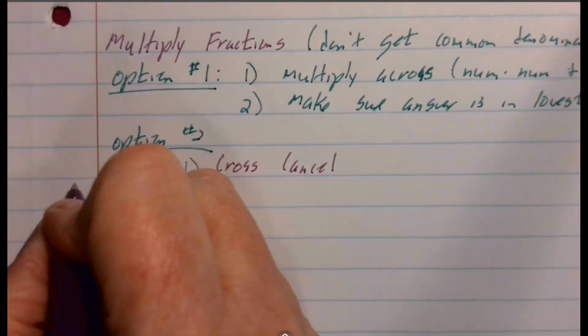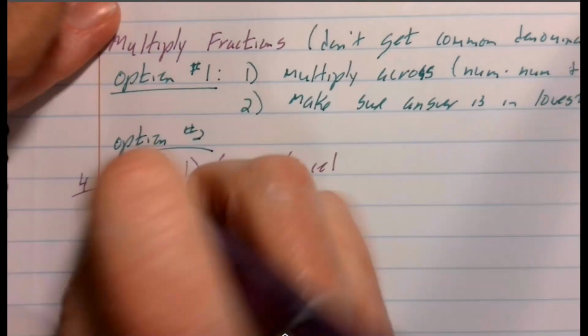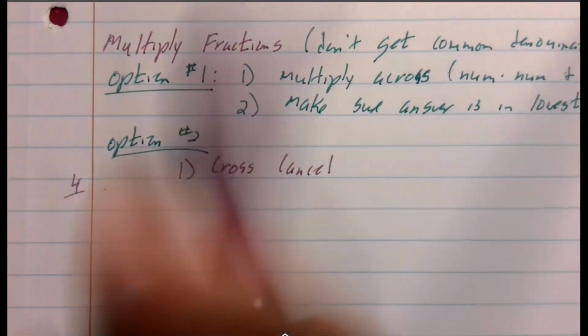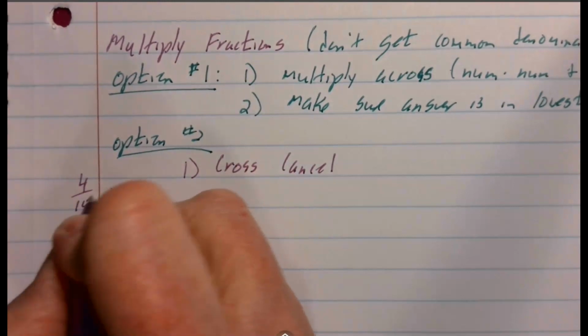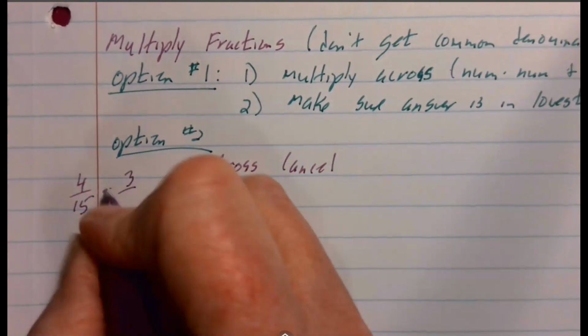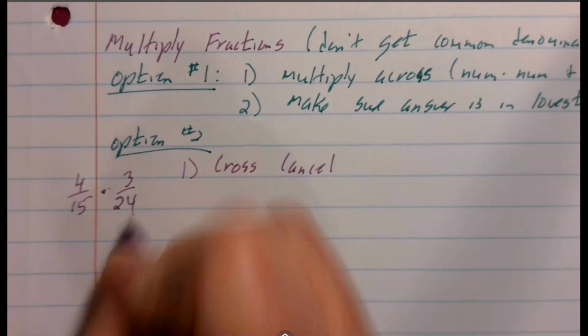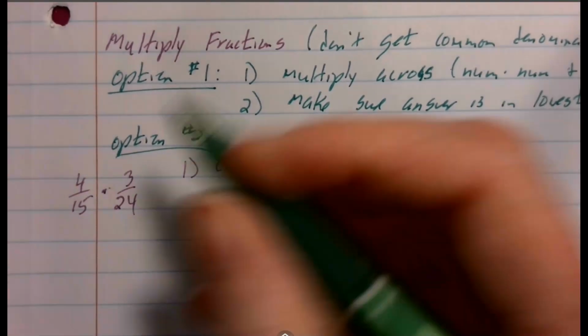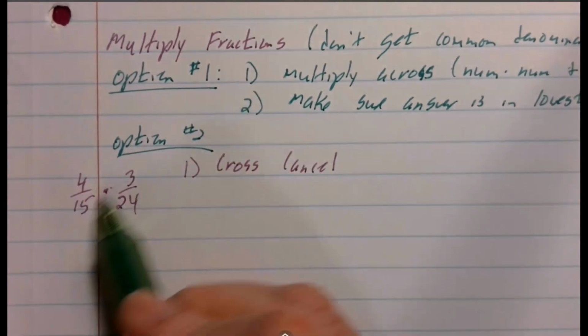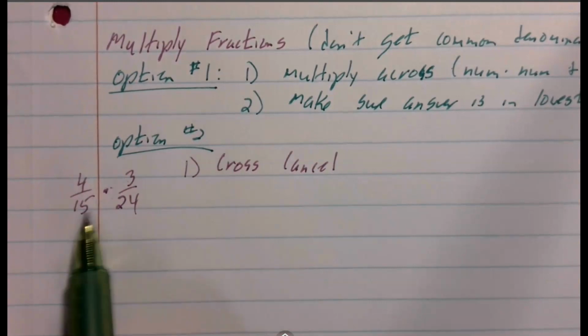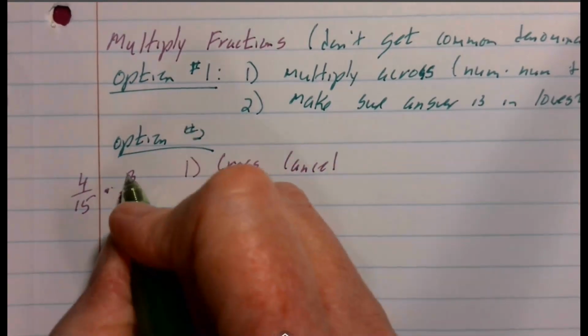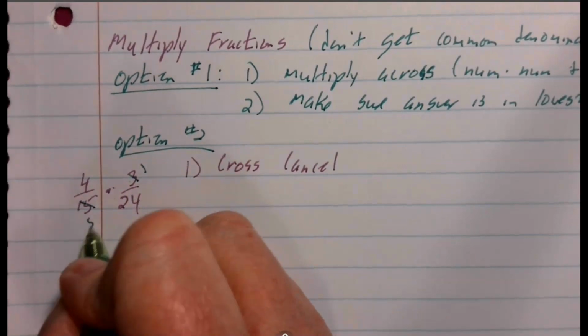So, for instance, if I have 4 over 15 times 3 over 24, okay? I can cross-cancel. See how both the 3 and the 15 are divisible? And also look at those big numbers. I don't want to multiply 15 times 24. So I'm going to divide out a 3 here, divide out a 3 here.